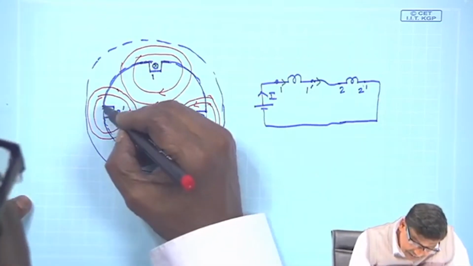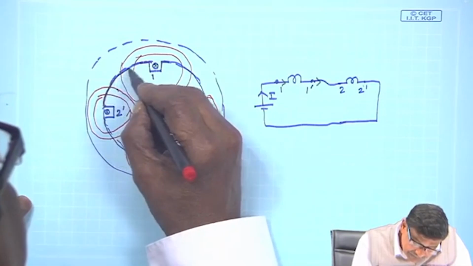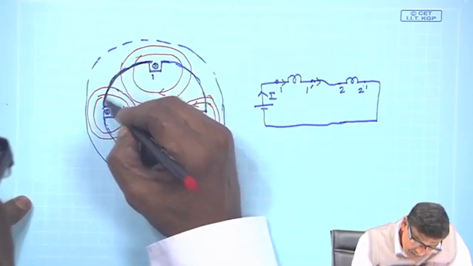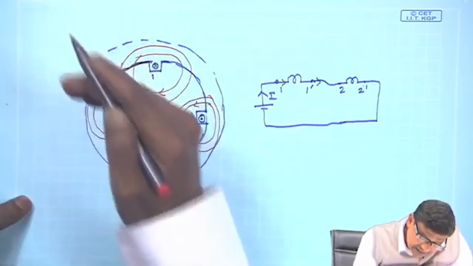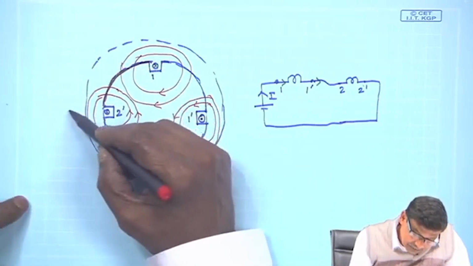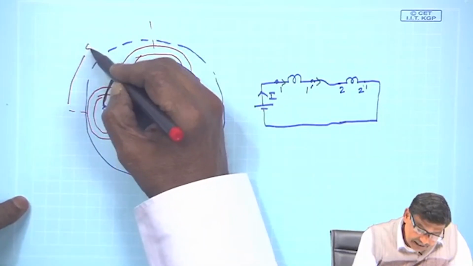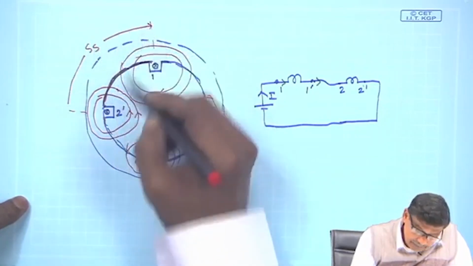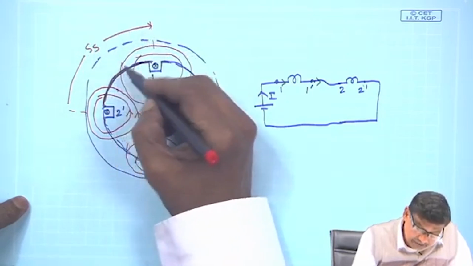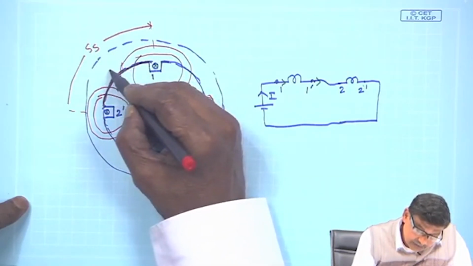Now, see this portion of the iron, lines of forces are entering. So, this 1/4 of this total iron will behave like a south pole, this inner face, of course, inner face, south pole.